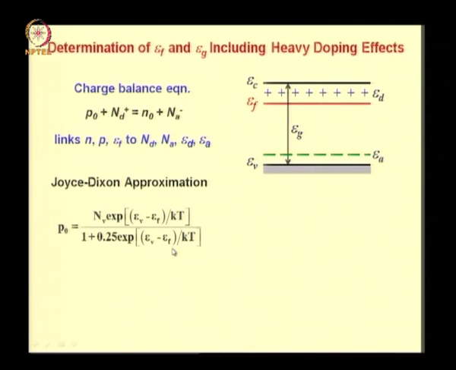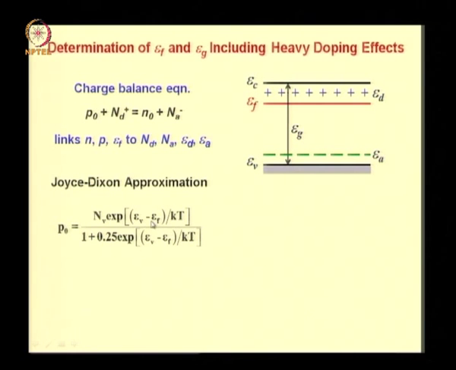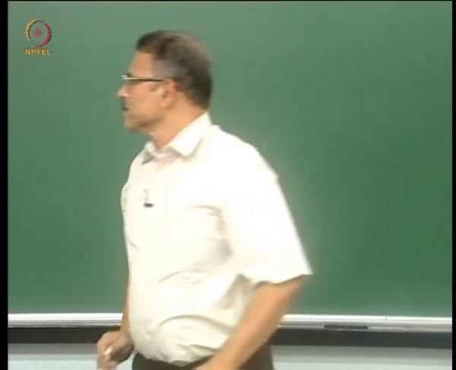So this expression tells you that as your acceptor doping becomes heavy, the EF will start moving closer and closer to the valence band, and in such a case this Ev minus Ef can become smaller in magnitude.